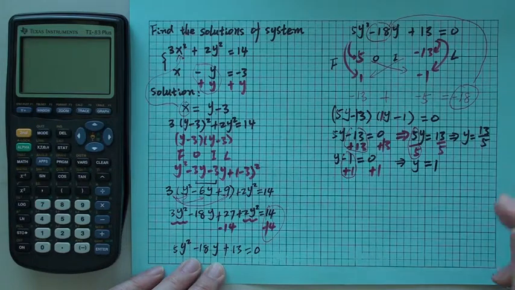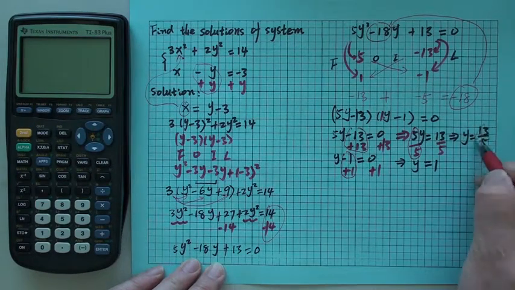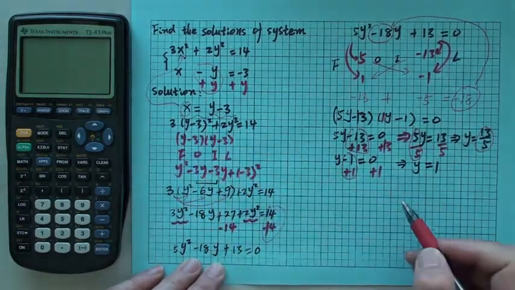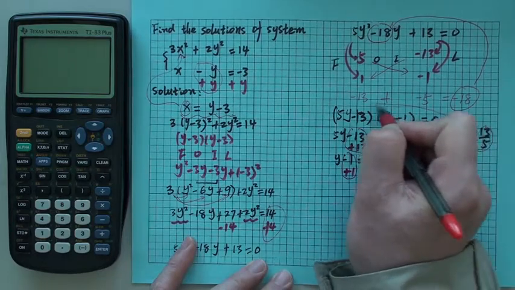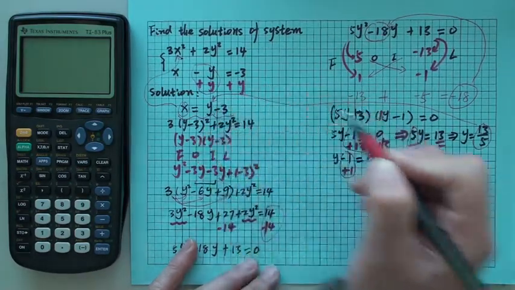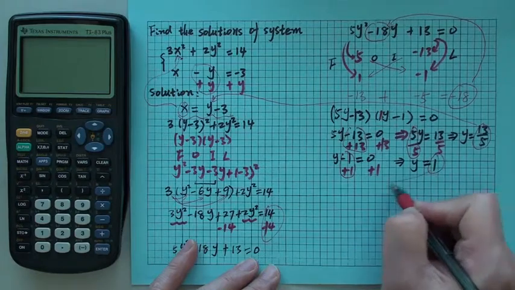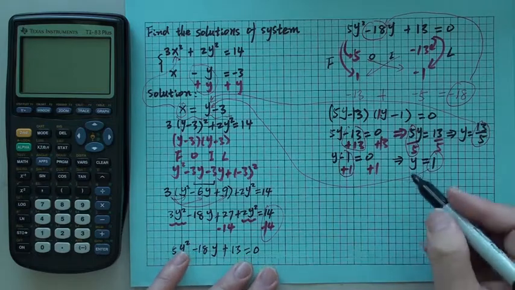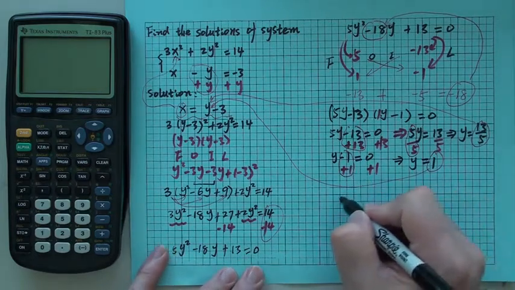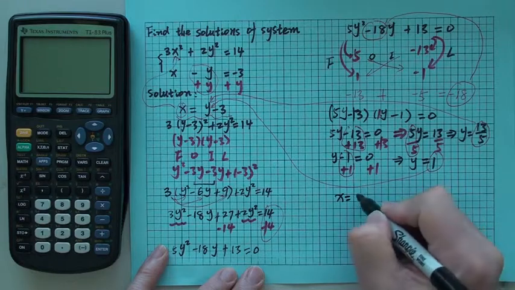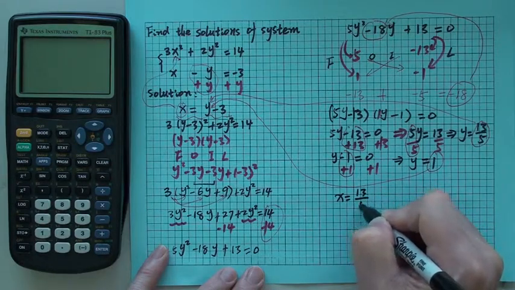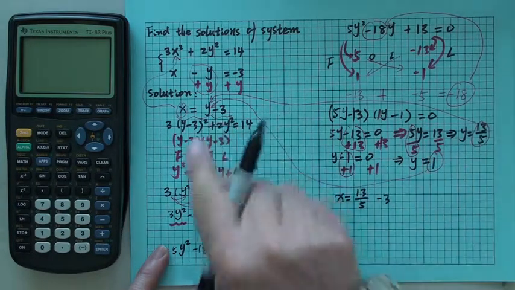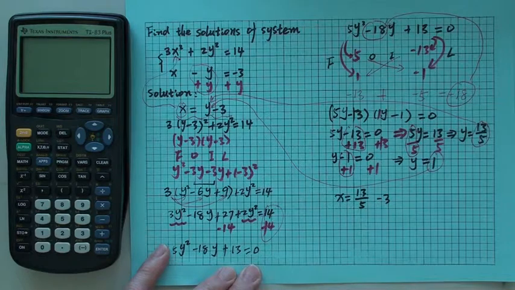Now look, y is this number. Look at this one again. We want to plug in right here. So what do we get? We get x equals 13 over 5 minus 3 when you plug in this number. How to add those two together?